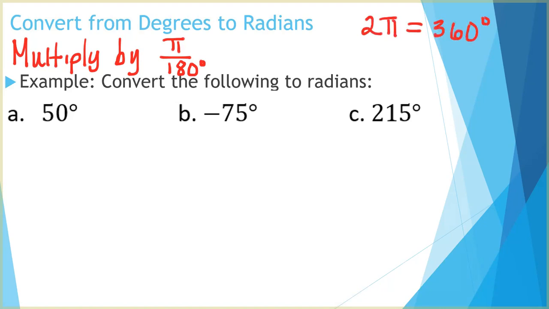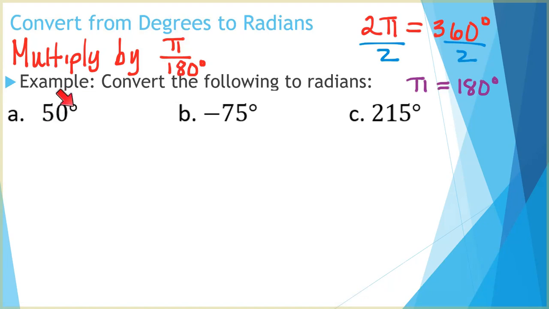If you divide both sides by 2, we get our conversion of pi equals 180 degrees. So that's why we multiply by pi over 180.